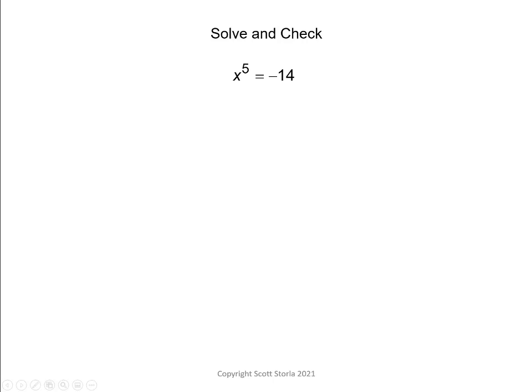Here's one for you. Since I have an exponent of 5, I'm going to have an index of 5. That is, I'll take the fifth root of both expressions. Over on the left, the fifth root of x to the fifth will simply be x. And on the right, I can't simplify this any further.